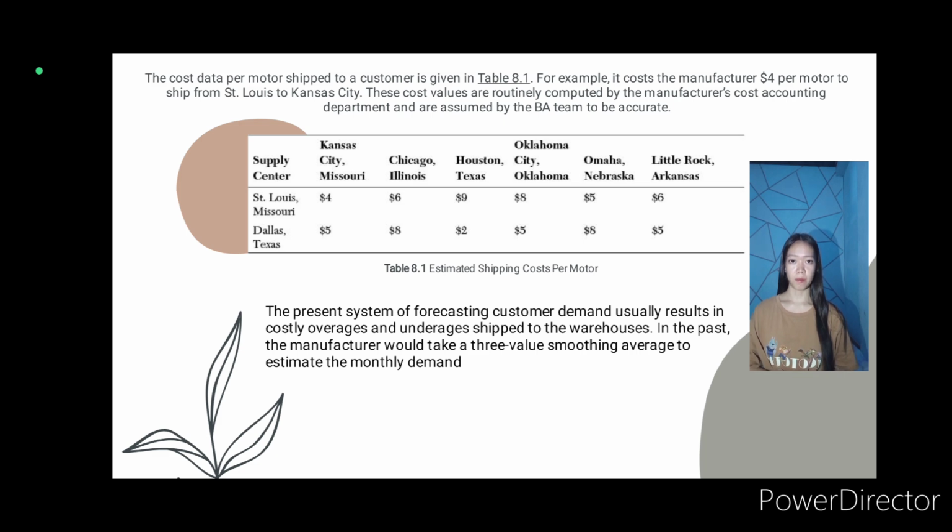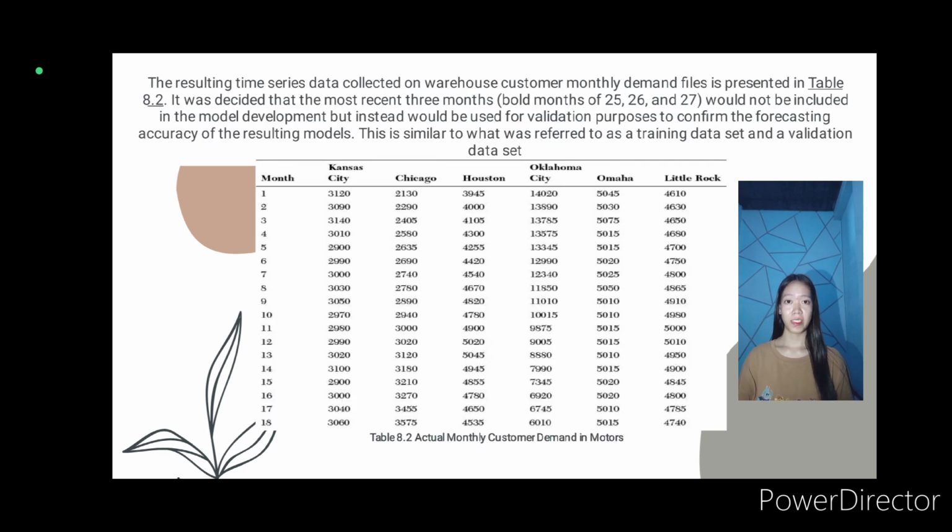In the past, the manufacturer would take a three-month moving average to estimate the monthly demand. The resulting time series data collected on warehouse customer monthly demand is represented in the table. The table is an example of actual monthly customer demand in motors.